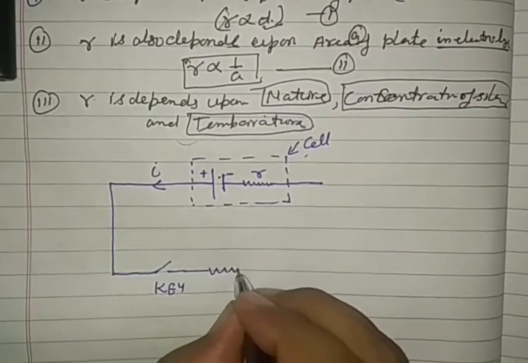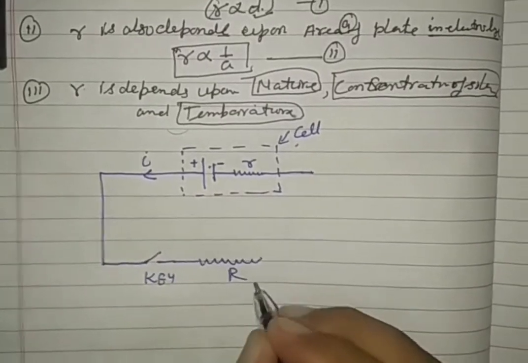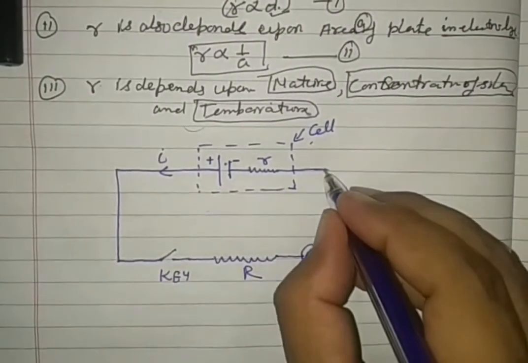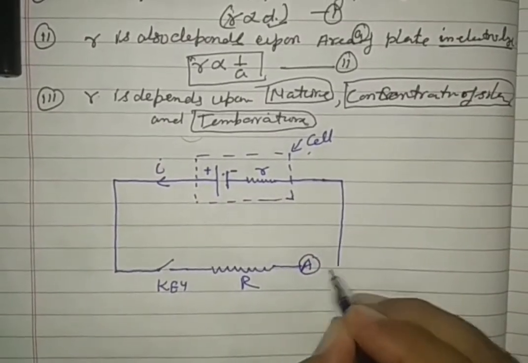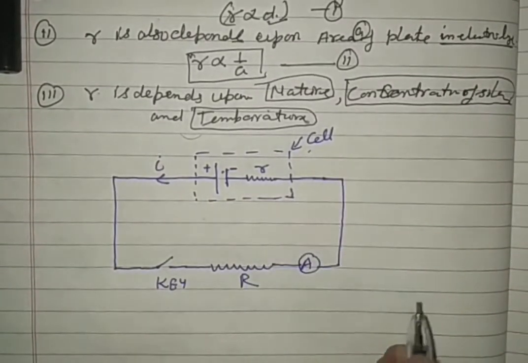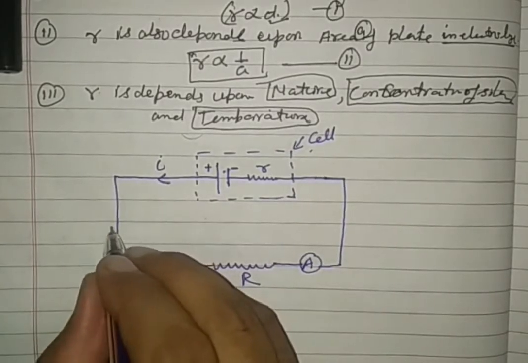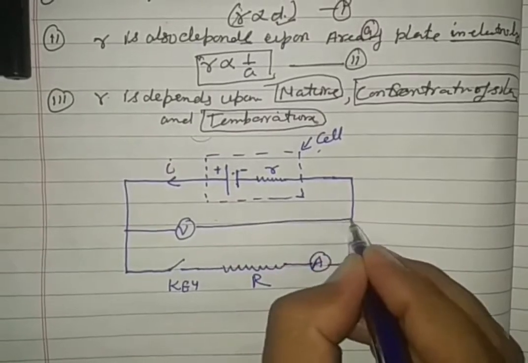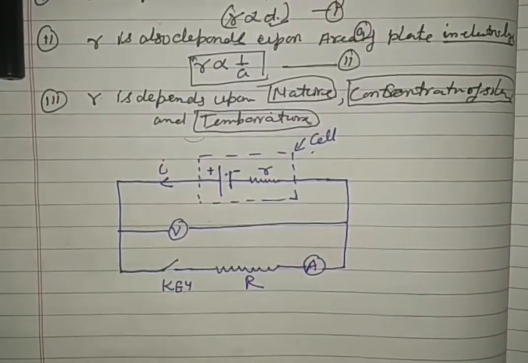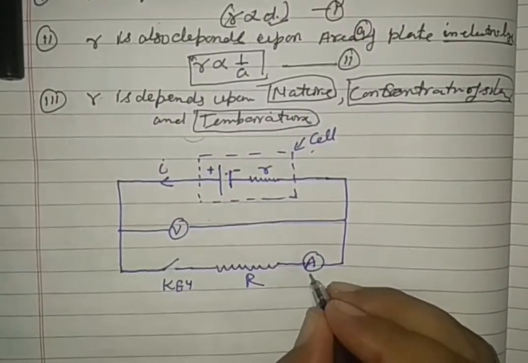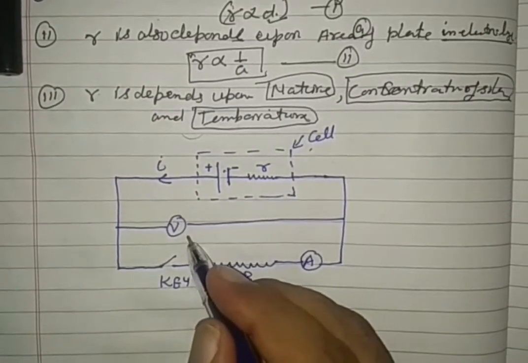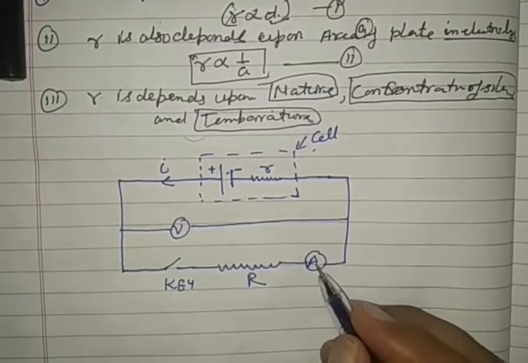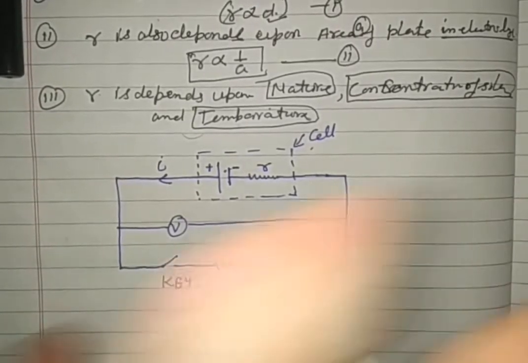Then an external resistance, take capital R, is in the circuit, and an ammeter to measure current, thereafter connected in a closed path. It is also connected with a voltmeter to measure potential difference. We know that an ammeter is connected in series in a circuit, while a voltmeter is connected in parallel to measure current and potential difference respectively.